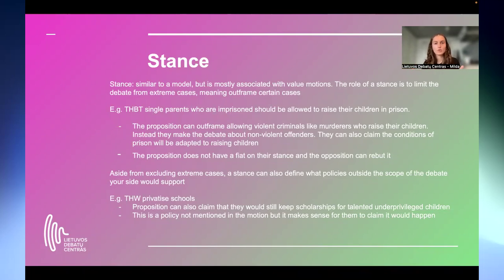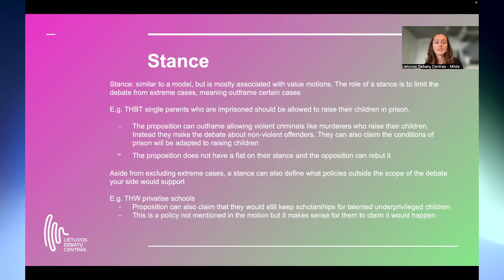They can also, in their reasonable fiat, claim the conditions of prison will be adapted to raising children. Of course, you cannot create a utopia, but you can reasonably say that probably, the rooms would need to be changed. There would be children's areas to play and to educate them and so on. So this is in the fiat of proposition, and this is their stance.